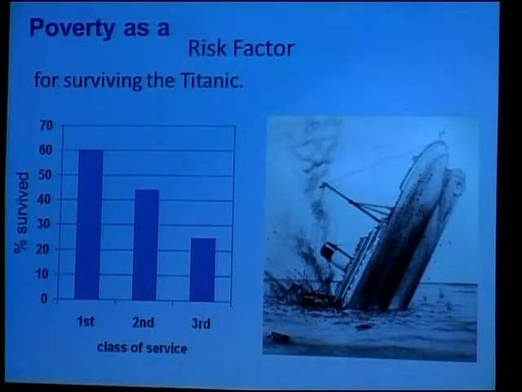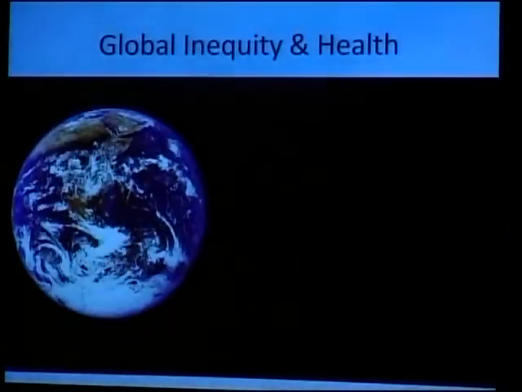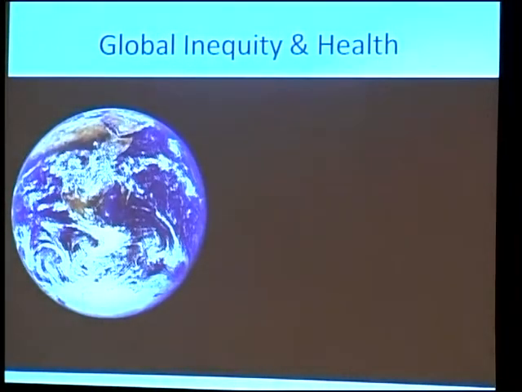This data, I think, is accurate. It's a little bit misleading because there were more men in first class, and a sinking ship in the 1900s is one of the few places, unfortunately, where it's protective to be a woman or child. And so that's a little bit why some of the first class people were given priority. But taking the same concept that wealth equals health, it really plays out in pretty incredible ways in the world today.